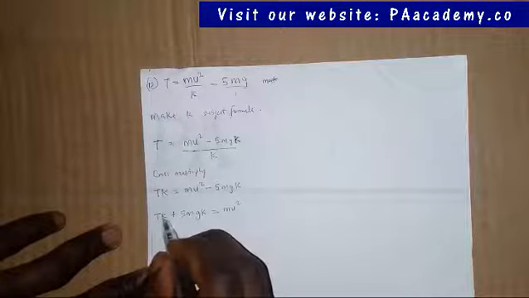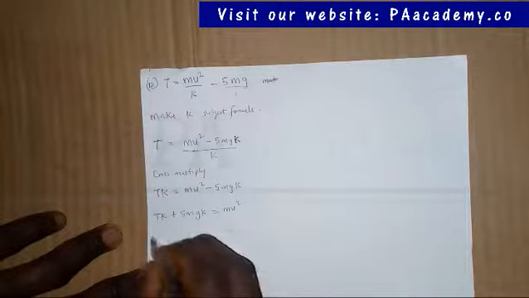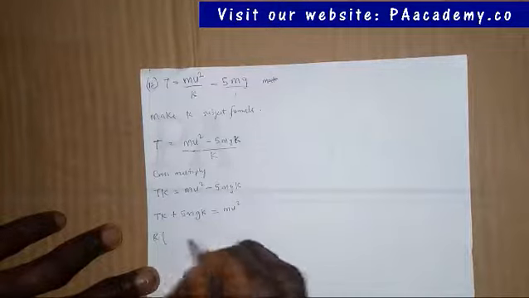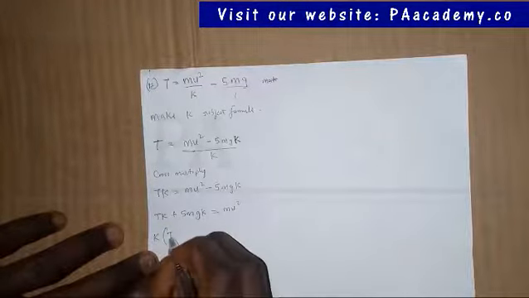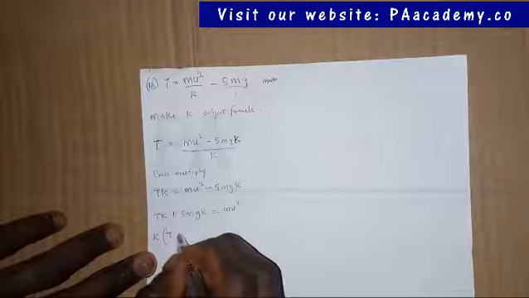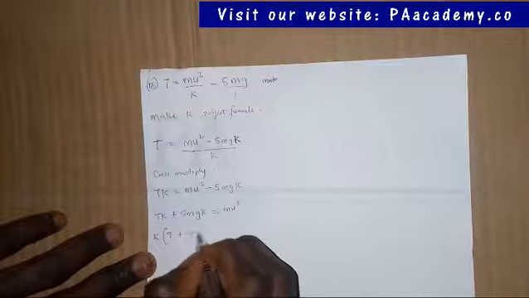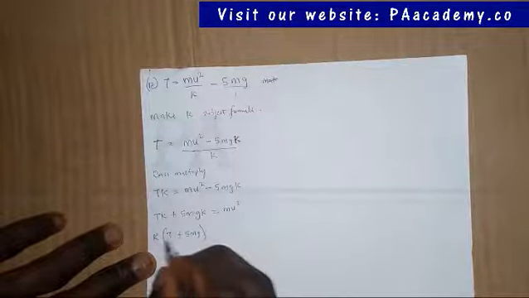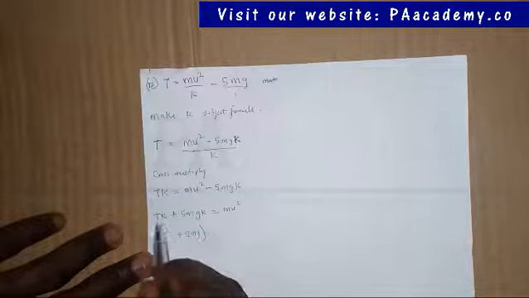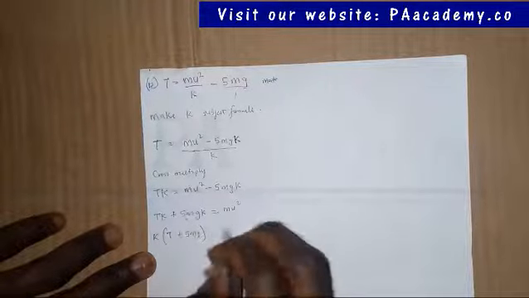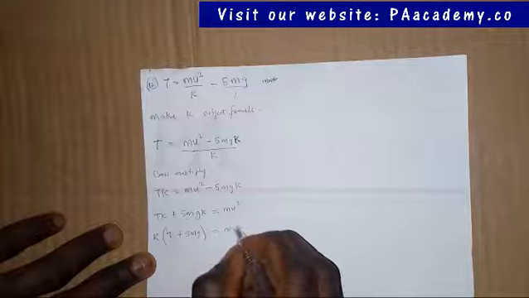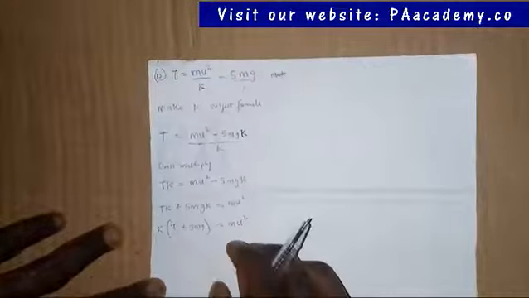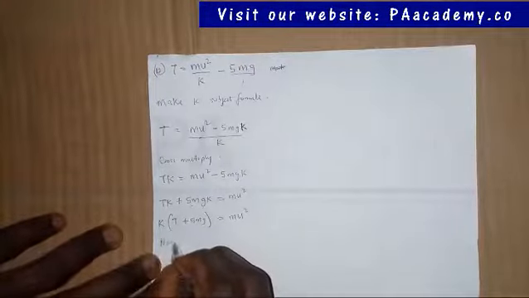So since k is common and that's what we want to make the subject, we bring the k outside and put every other thing in the bracket. So this will be k(t plus 5mg), that's factorization. Because by the time we multiply k by everything inside this bracket, we are still going to get what we have here. So equals mu square. Alright, so now we divide both sides.